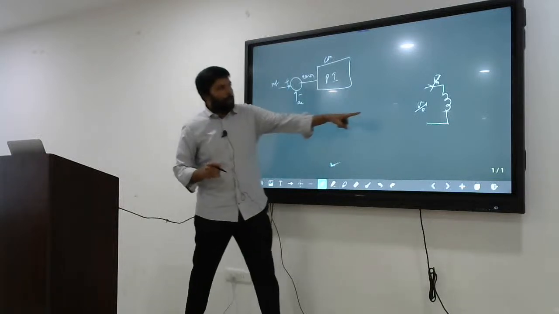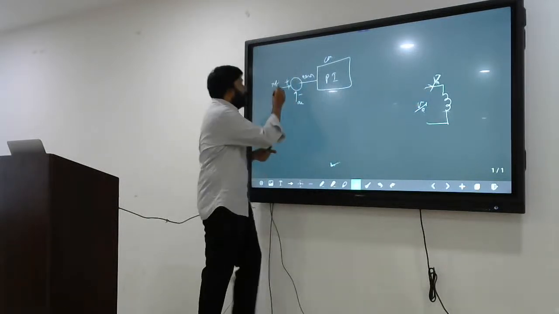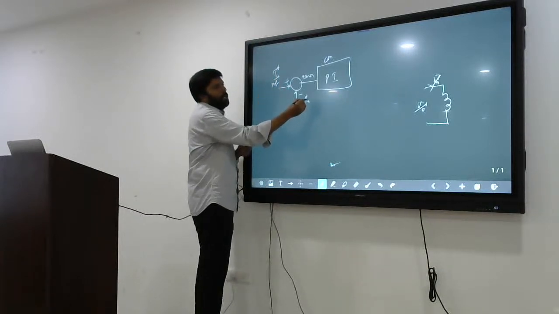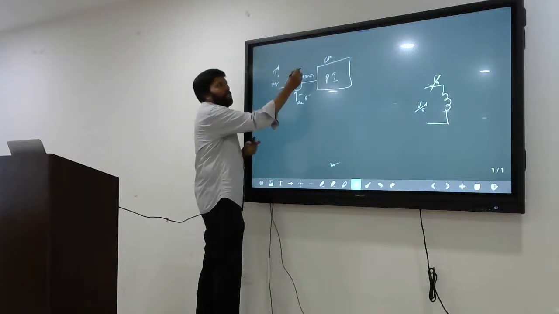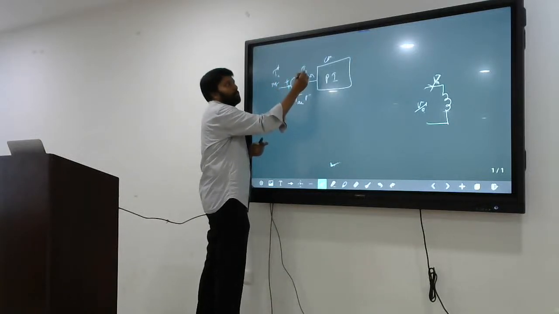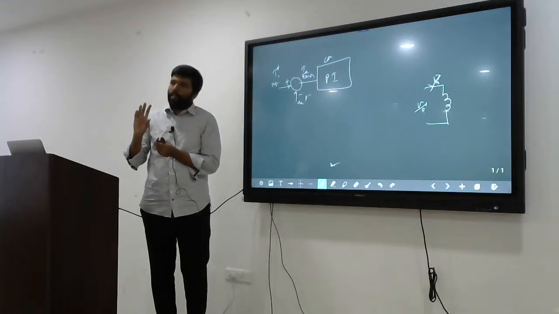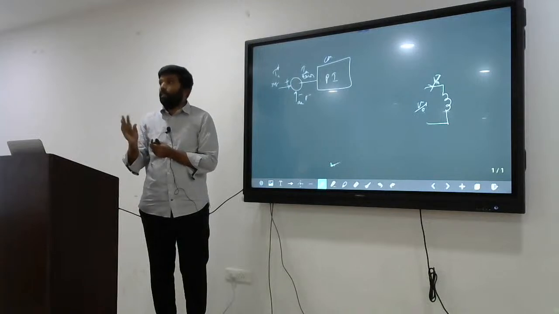So, VA is the main responsible component for rectifying the current error. Let us assume that our requirement is IA star. If actual current is not matching with reference, then here you will get current error, IA error.